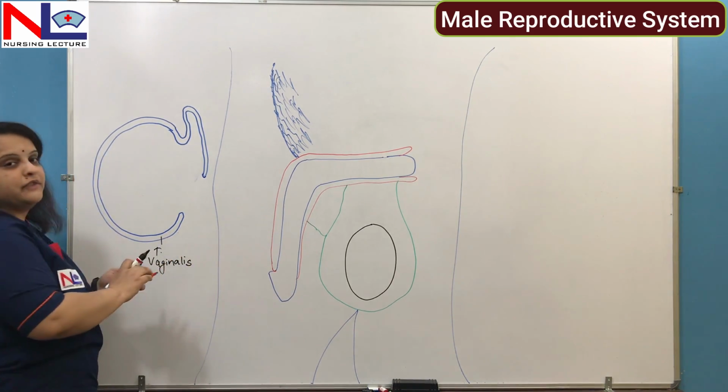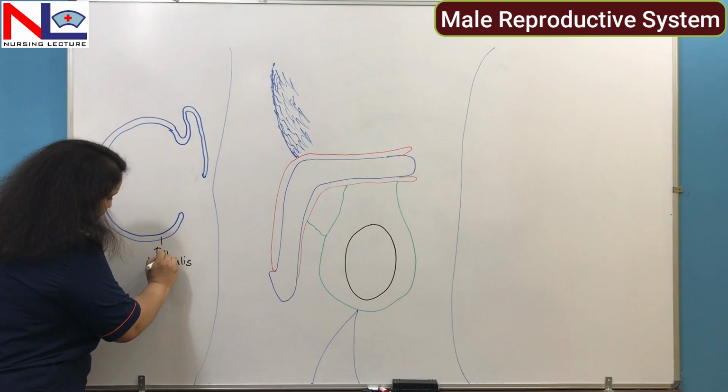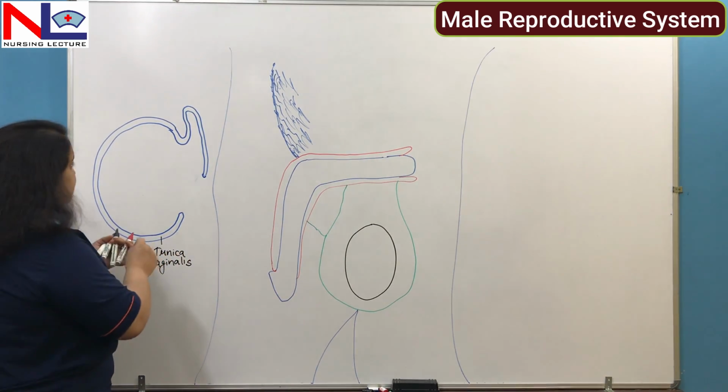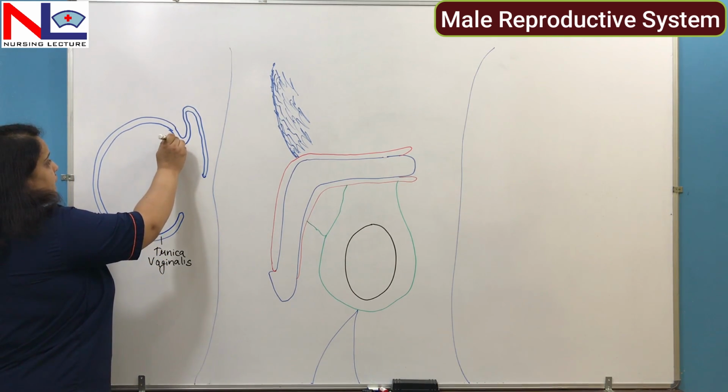Inner to the tunica vaginalis, tunica means lining or layer, is the tunica albuginea.